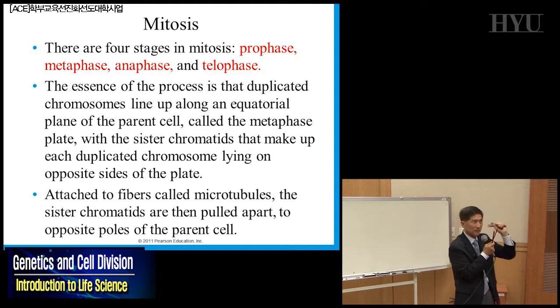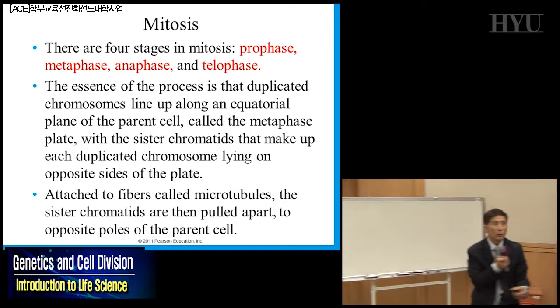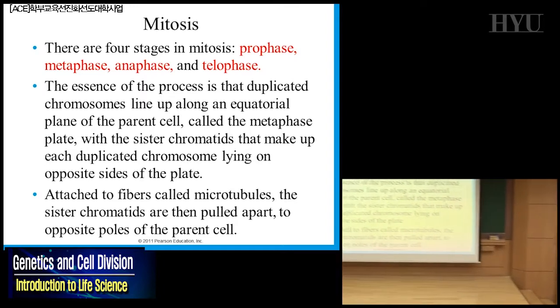I'm telling you an easy way to remember. The first one is prophase, something before. It's the beginning. The middle phase is called metaphase. The third phase is anaphase, a little bit toward the end. The last step is called telophase.